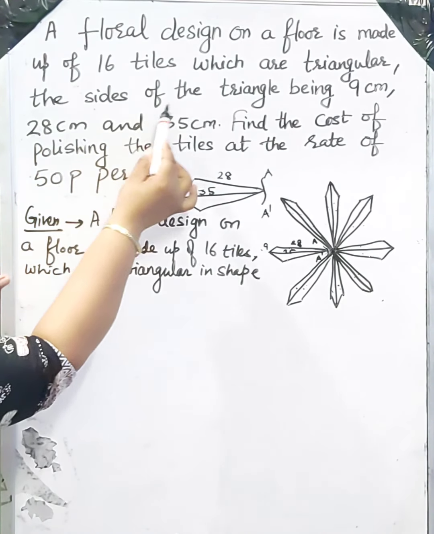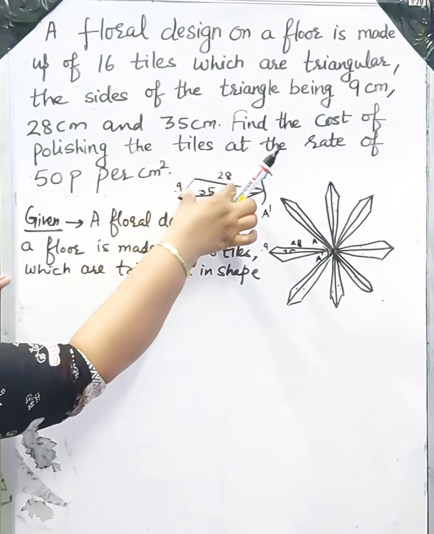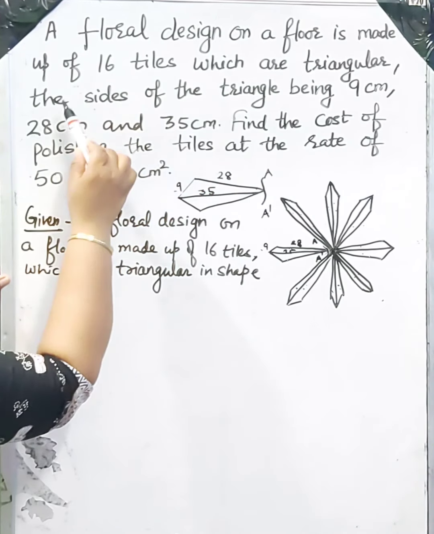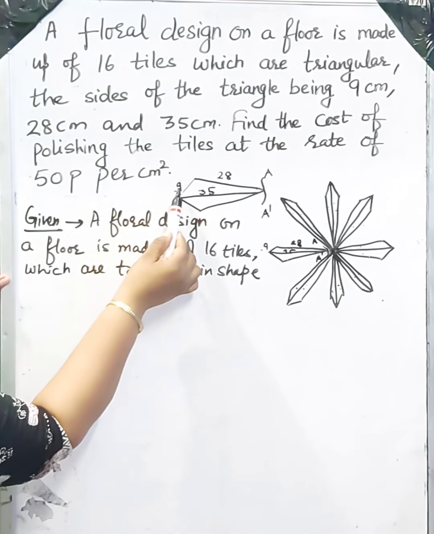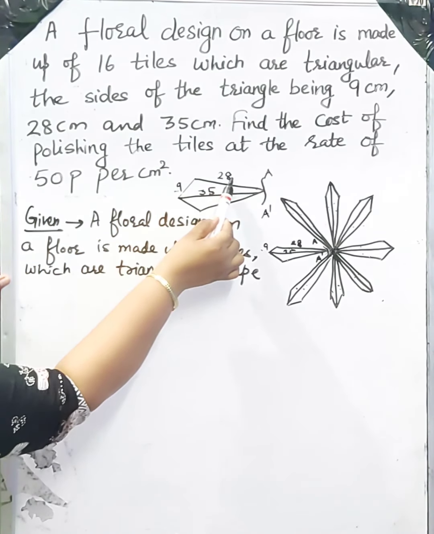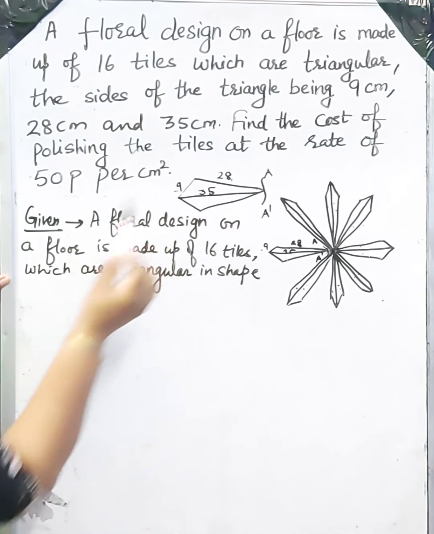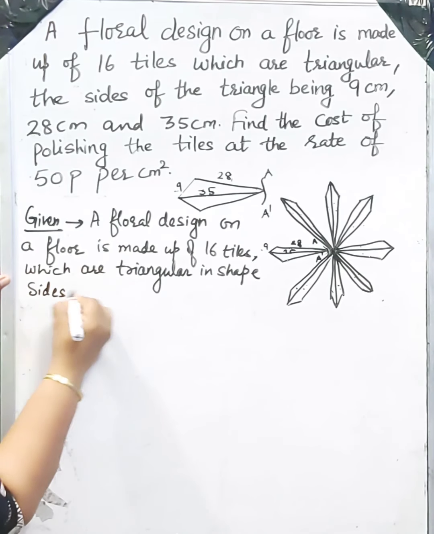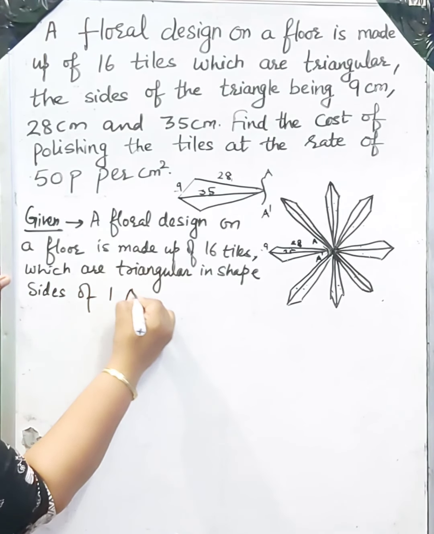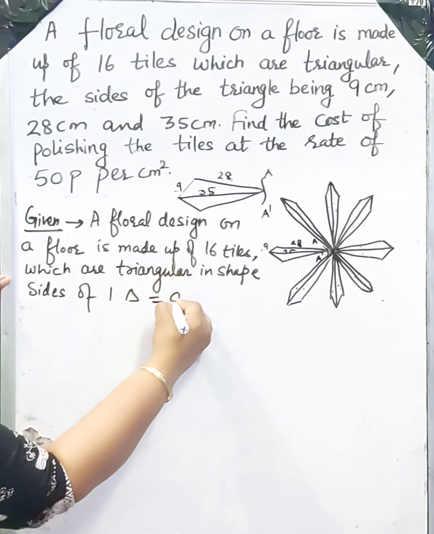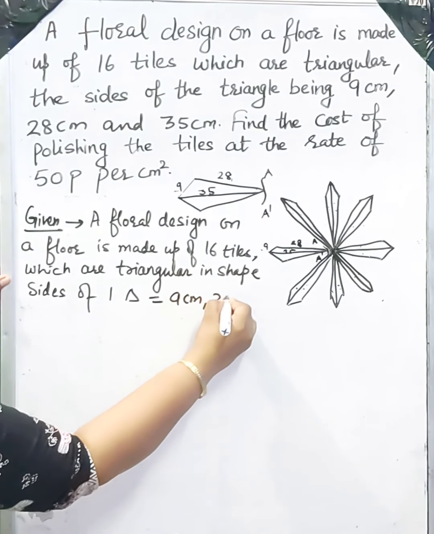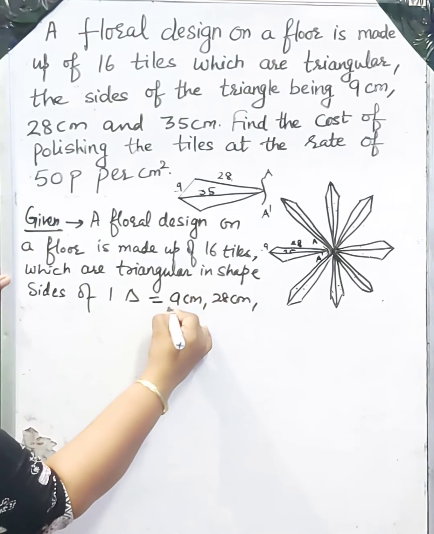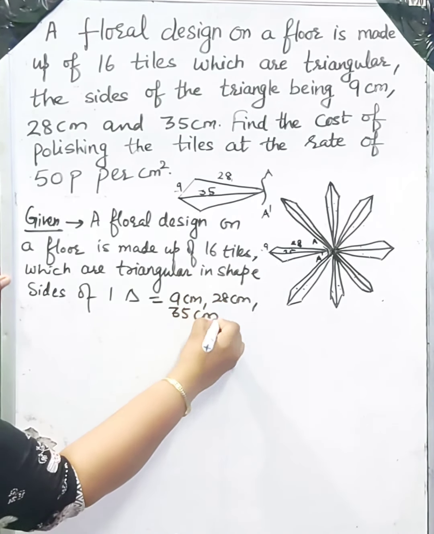The sides of the triangle, this is the zoomed portion of this triangle, are 9 centimeter, 28 centimeter and 35 centimeter. Sides of one triangle are 9 centimeter, 28 centimeter and 35 centimeter.